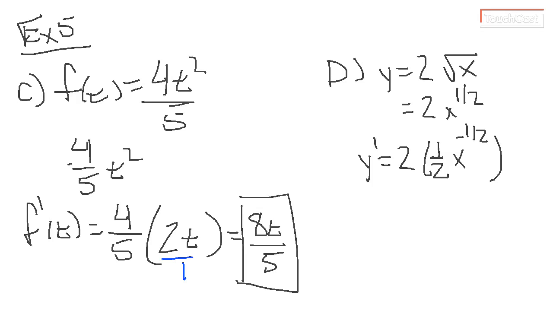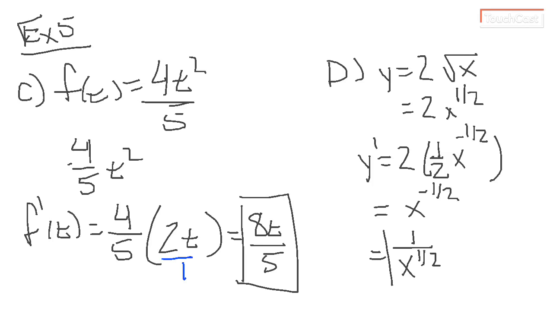Now when we multiply 2 by that 1/2, that's just going to make 1. So we're going to have x to the negative 1/2, and then we take care of that negative exponent. So we can write this as 1 over x to the 1/2, which we can be done there.